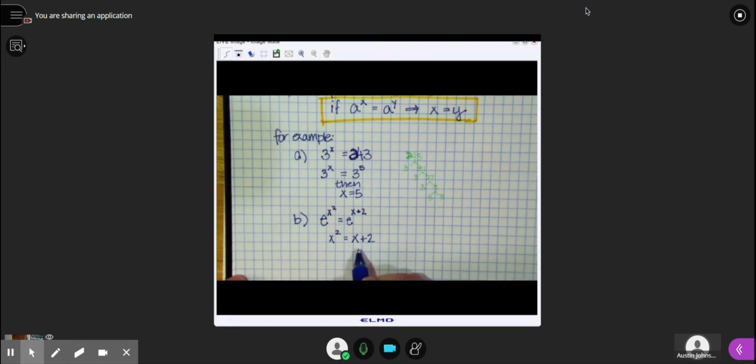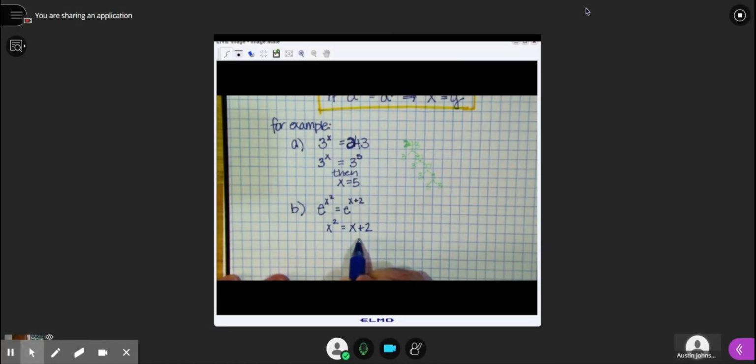Now what can I do with that? Well, that's a quadratic. x squared minus x minus 2 is equal to 0. (x minus 2)(x plus 1). So we would get x could be 2, or x could be negative 1.